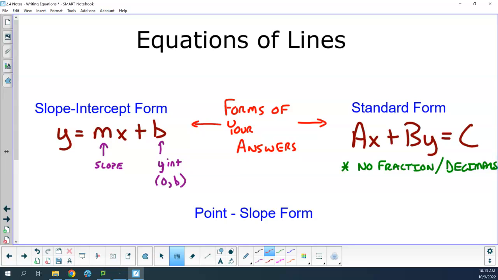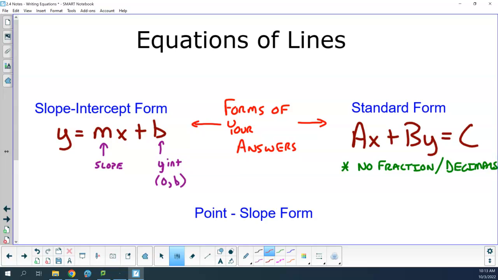Okay? If it doesn't say anything, if it just says give the equation of the line, then you can choose whichever one you want.